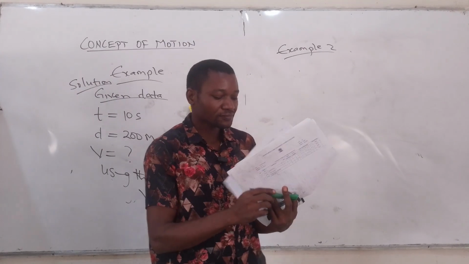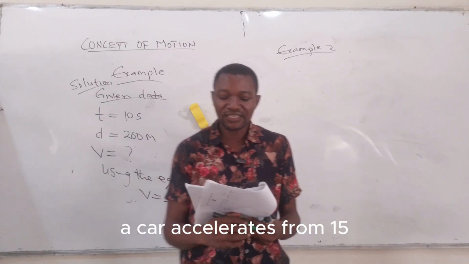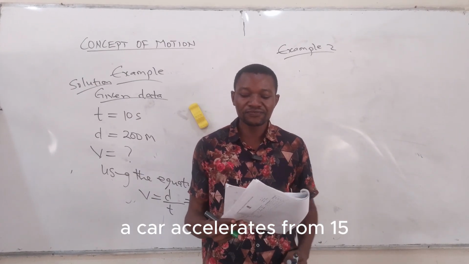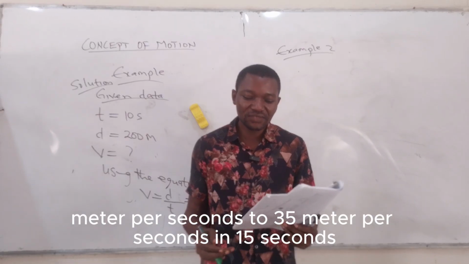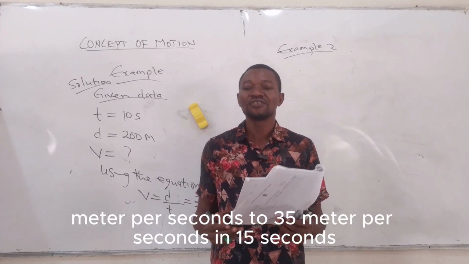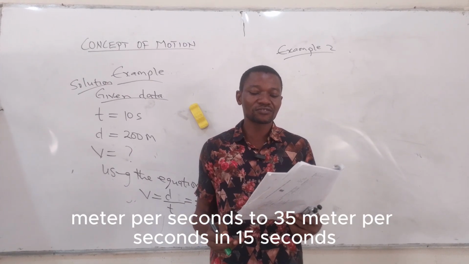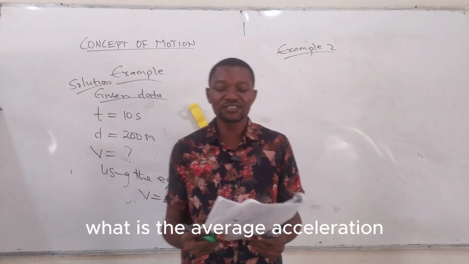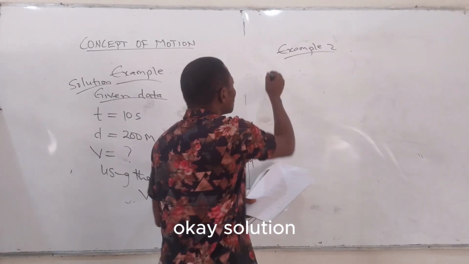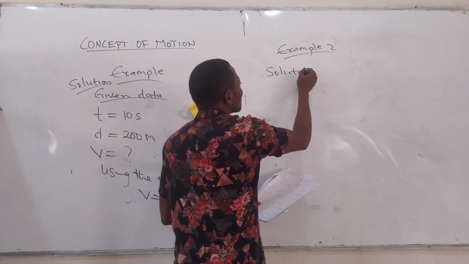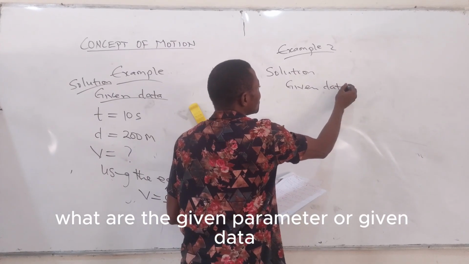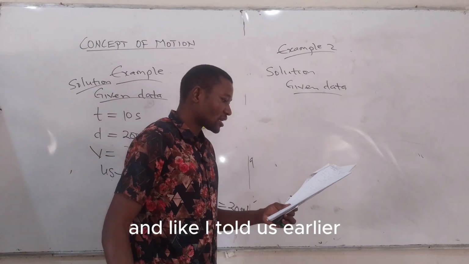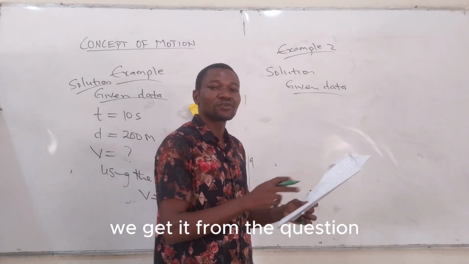Example 2. A car accelerates from 15 meters per second to 35 meters per second in 5 seconds. What is the average acceleration? Okay, solution. What are the given parameters or given data? Like I told us earlier, we get it from the question.